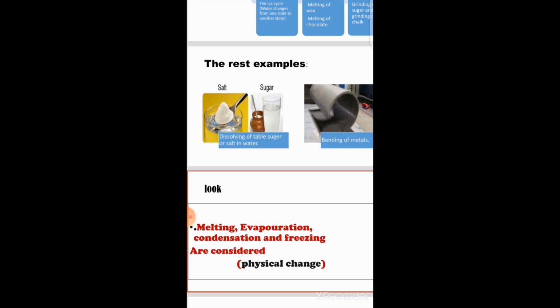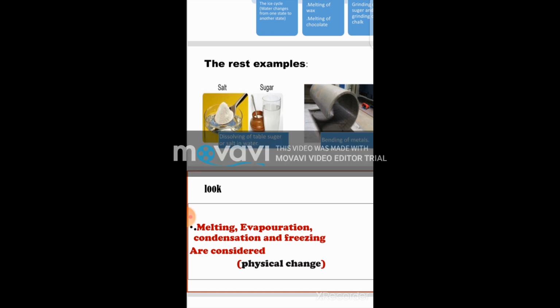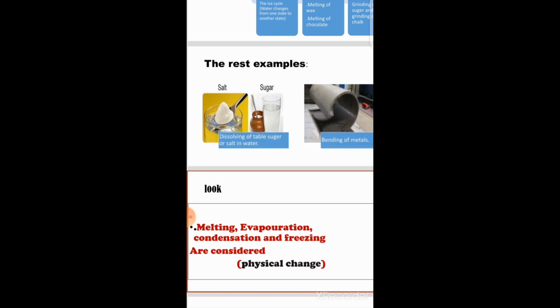False. Burning a piece of paper is a chemical change because there is a change in the shape and structure of matter. Number 2, melting wax by heating and freezing it again by cooling is a chemical change. True or false? False. It's a physical change.